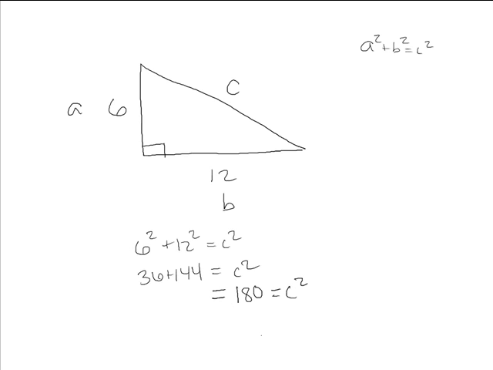So 180 equals c squared. Now we need to figure out what just c is, because remember, the side length is c, not c squared. So to find out what c is, we need to cancel out the square. The opposite of squaring something is taking the square root. So let's do that on both sides. And we're going to get 6 times the square root of 5 is equal to c.